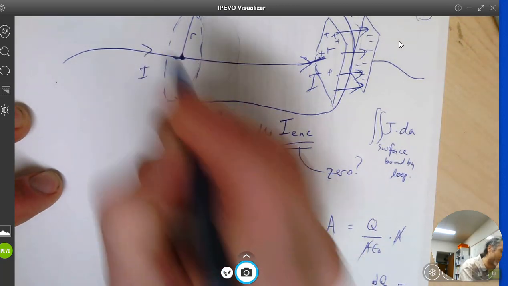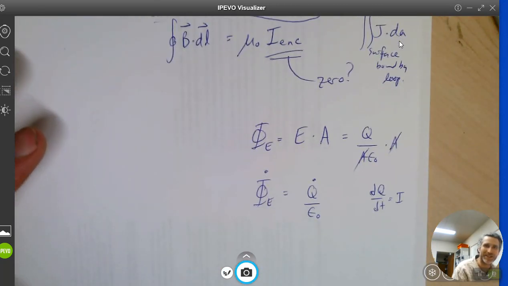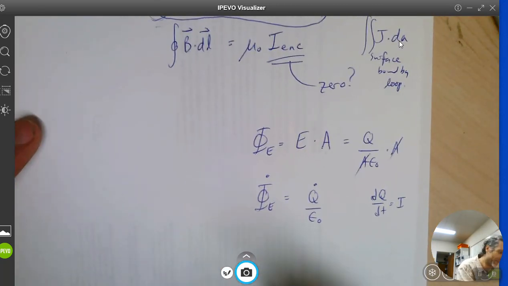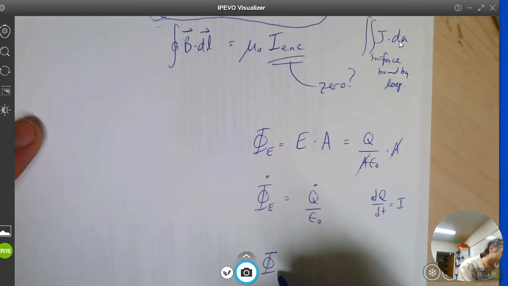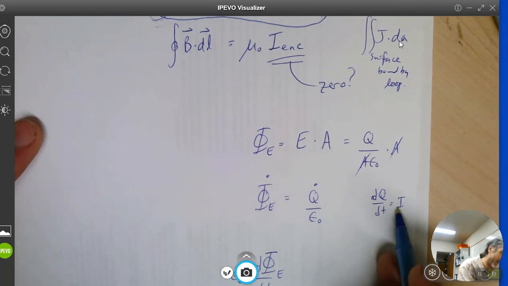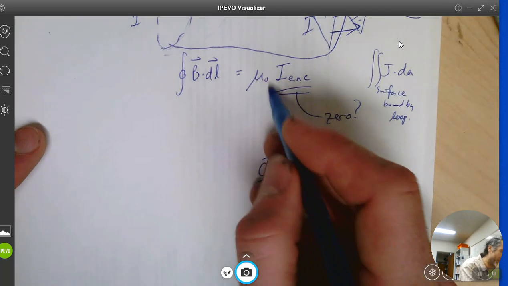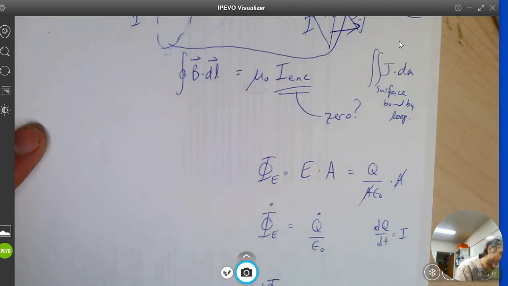So if we had a term that was this phi E dot, or d phi by dt to be more formal, and we multiplied that by an epsilon naught, then we would get that I term, right? And then there's also this mu naught term, so maybe we should put that in there too.